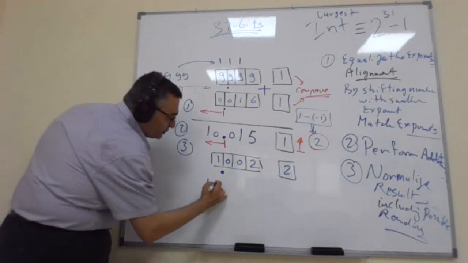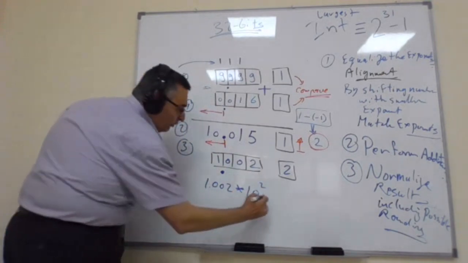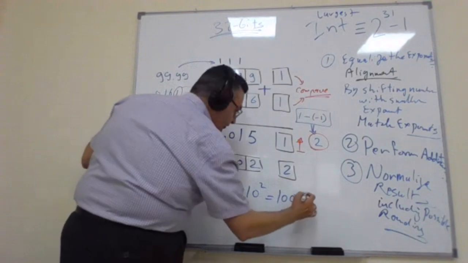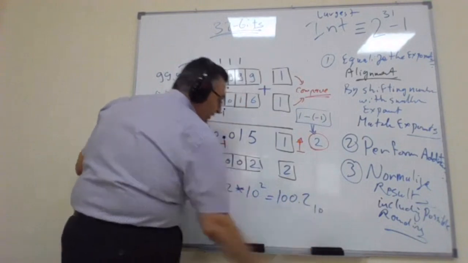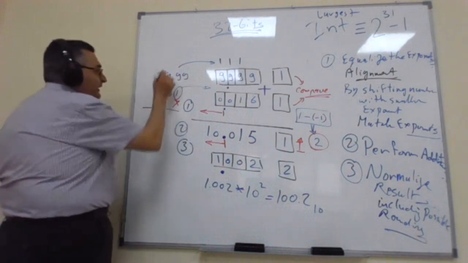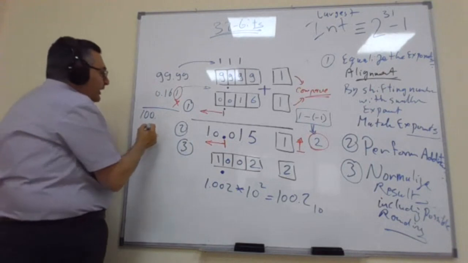The answer I have is 1.002 multiplied by 10 to the power 2, which is actually 100.2 in decimal. Now, check in mathematics, what did I get when I do this in pen or pencil?